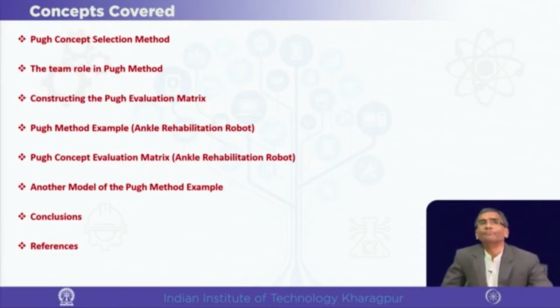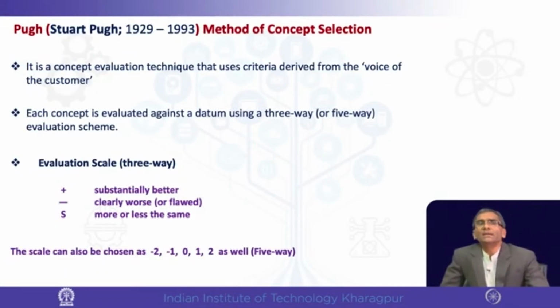Now, as I have already said, it is a concept evaluation method that uses criteria from the voice of the customer. Voice of the customer is the requirement placed by the customer, and that is called voice of the customer. And so, the criteria are derived from the customer requirements.